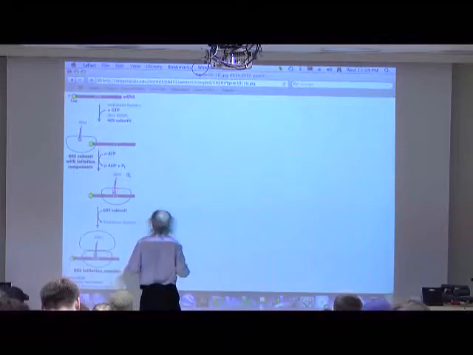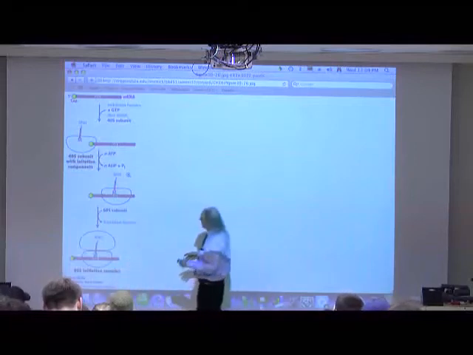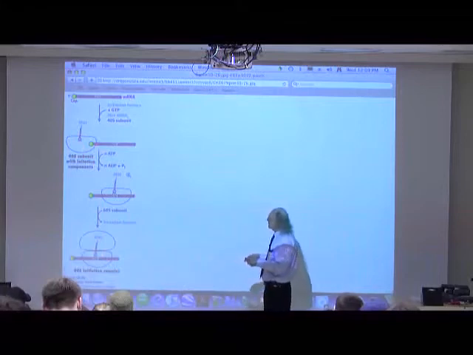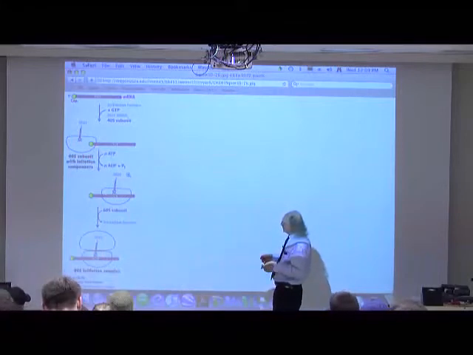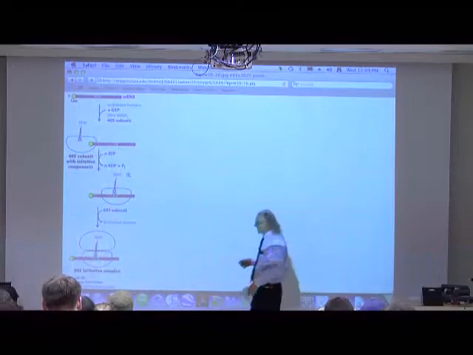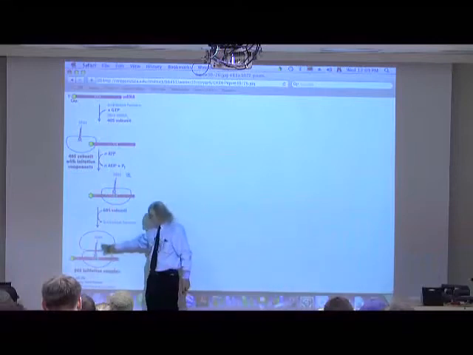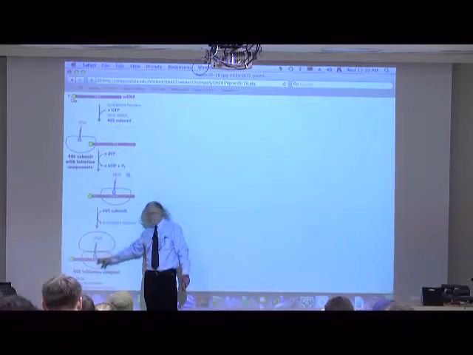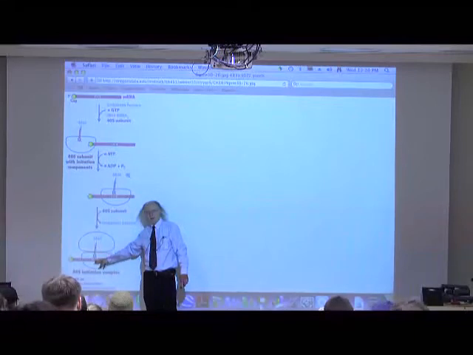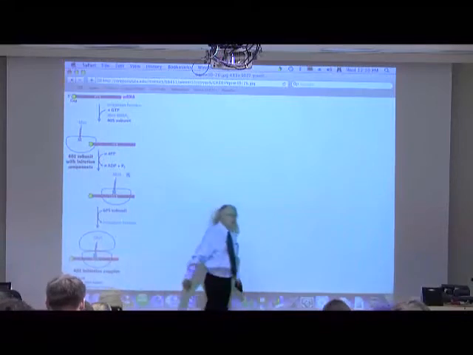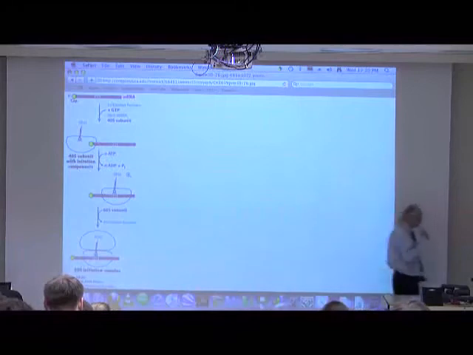So we have just a regular methionine in here. We assemble it very much the same way. The small subunit comes in first. We have the initiation components. We have the large subunit. And at the end of that initiation phase, just like in prokaryotes, we have the initiator tRNA, that methionine tRNA, in the P site. Remember that the very first one comes into the P site. All the other ones come in to the A site. Okay?